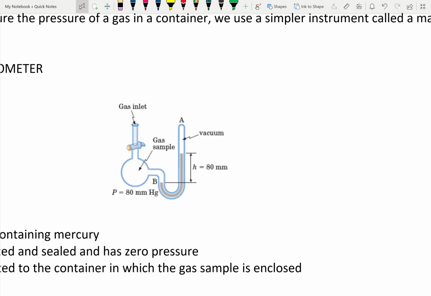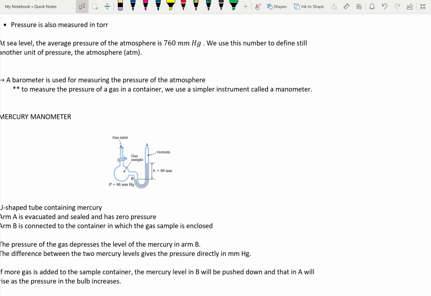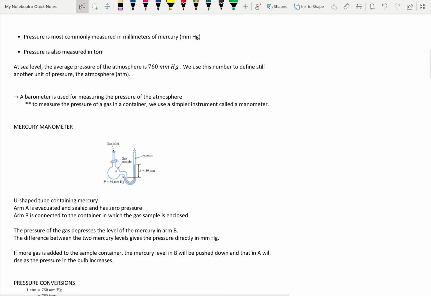And when we take the difference between A and B, how far the mercury went up, that is our millimeters of mercury that traveled, so we can determine our pressure.